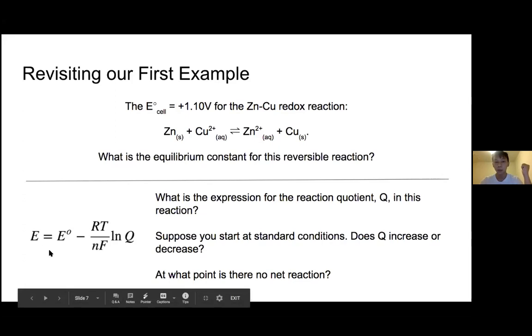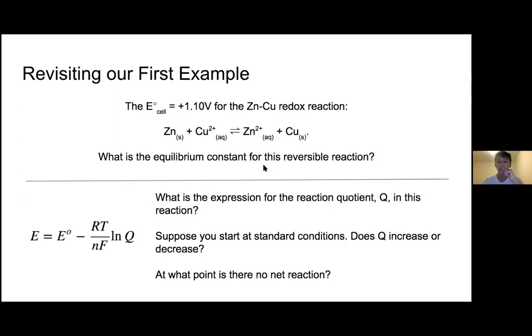So if we set this potential, this E over here, equal to 0, then you can just solve for K here. And that's how you find your equilibrium constant. Does that make sense to everyone? Does anyone have any questions? Okay, if not, I'll continue.